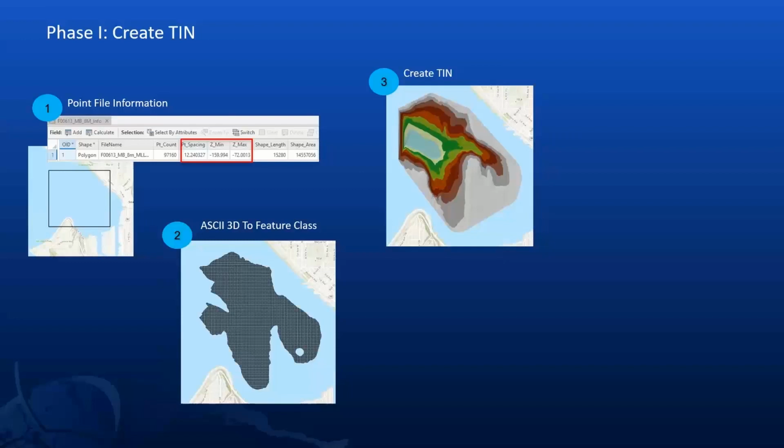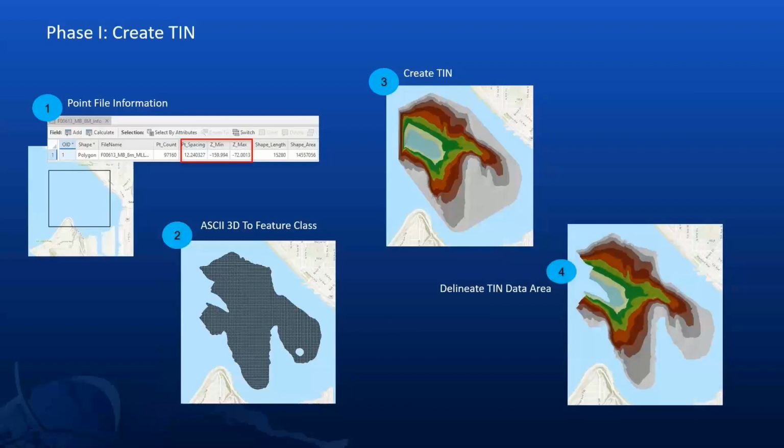And for those that aren't familiar, a TIN is a triangulated irregular network. So it triangulates all of the points. But what you can see here is that it doesn't necessarily know where not to triangulate. You can see that we got some data in this TIN that isn't really in the point data set. So because of that, the next tool we'll use is called Delineate TIN Data Area.